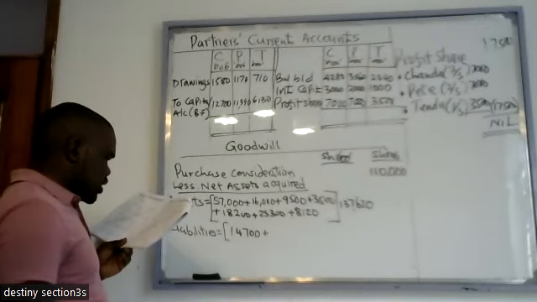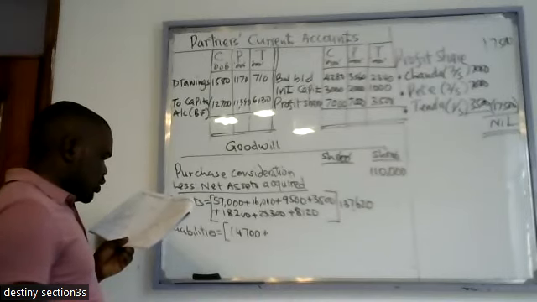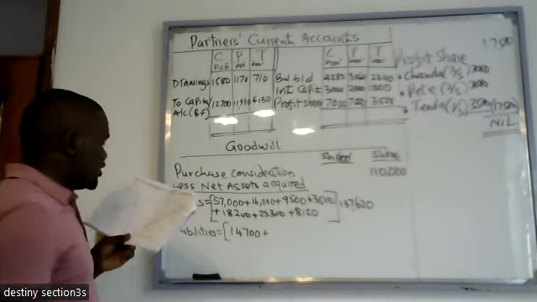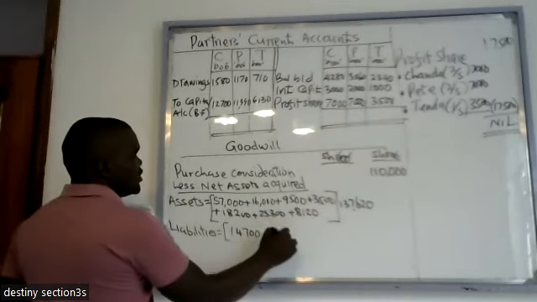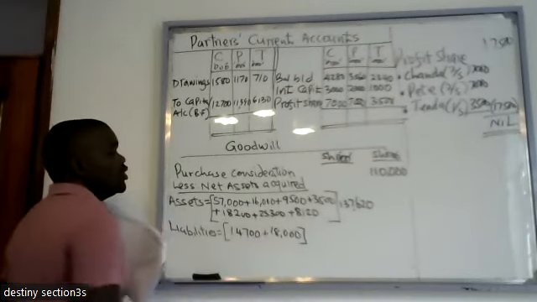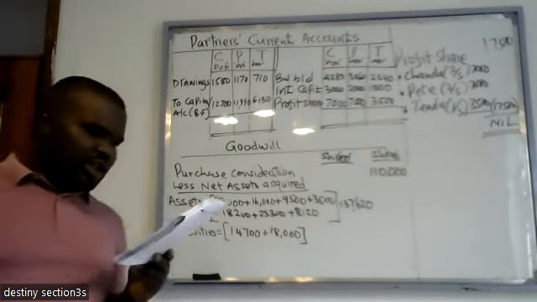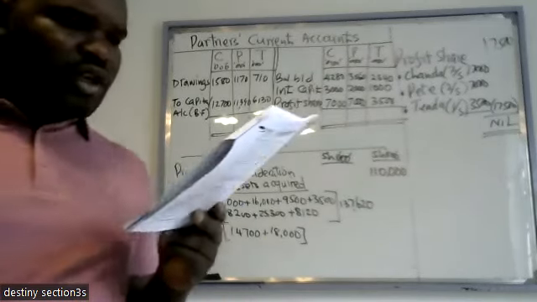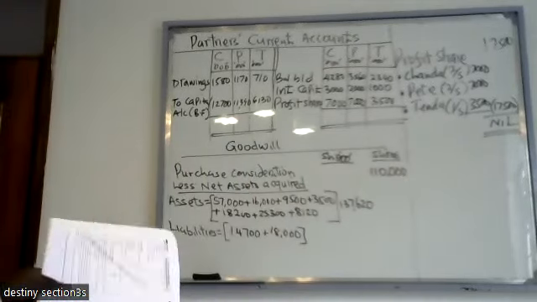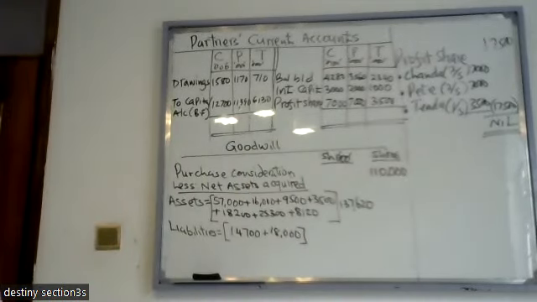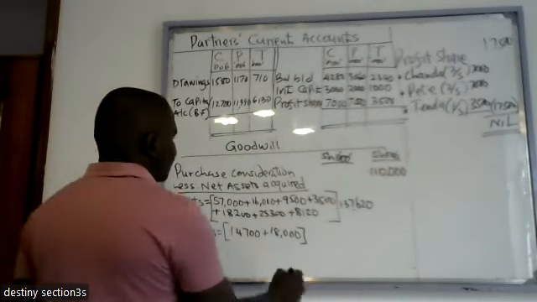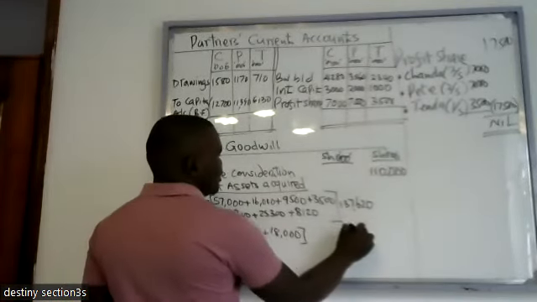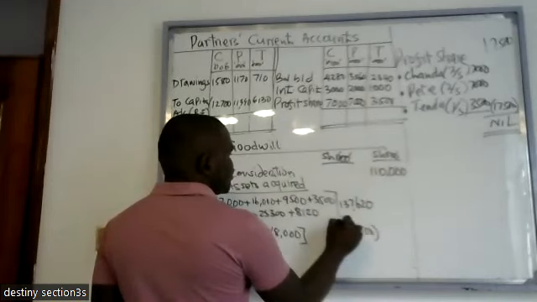What else can I see? Bank loan of 18,000. These ones are only two. There are no other liabilities. Bank loan and trade payables. 14,700 plus 18,000 is 32,700.